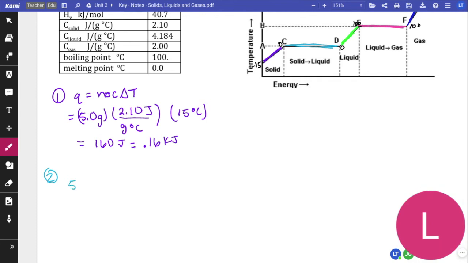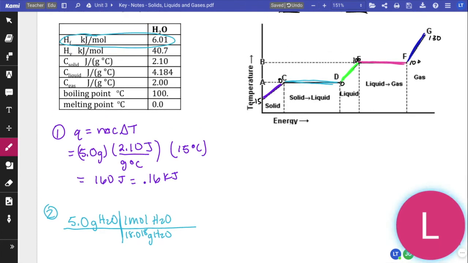So I have 5.0 grams of water. I have to convert it to moles. So drop your water low, and I know that I have 18.018 grams of water in 1 mole of water. Now notice, our heat of fusion is in kilojoules per mole, so we can just plug our heat of fusion in here.